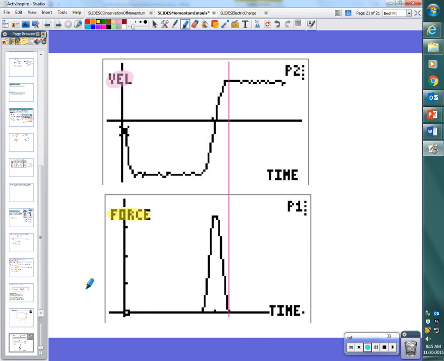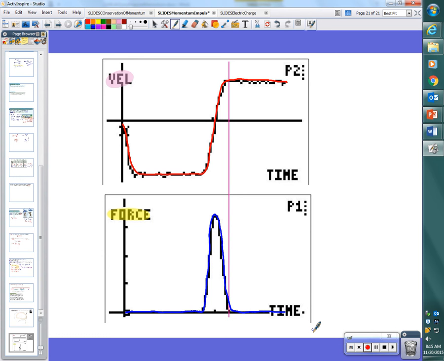We talked about how your velocity graph started at 0, dropped down, was fairly constant for a while, then there was a big spike up, and then it went fairly constant again. Yes? Okay. And then the force graph was 0, 0, 0, 0, 0, big spike, back to 0, 0, 0, 0. Right? That's what we looked at during your lab.